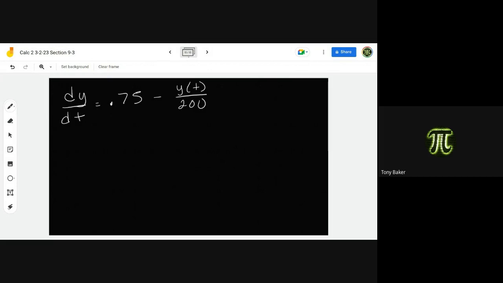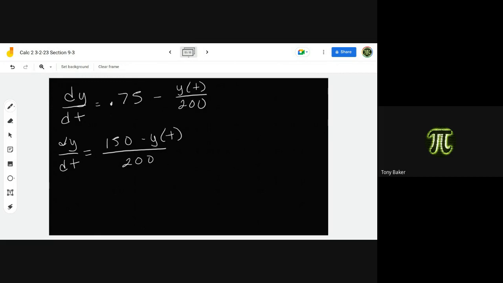All right, so let's clean this up a little bit. Let's make this one thing so I can easily do the multiplication on both sides. So if I get a common denominator, I get 150 minus y of t over 200. Now I want my y's on the side of the y.